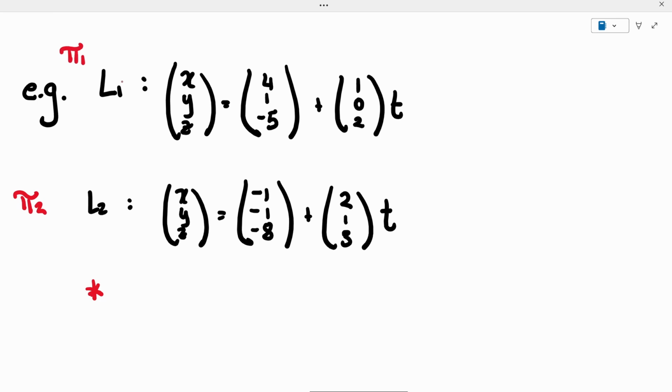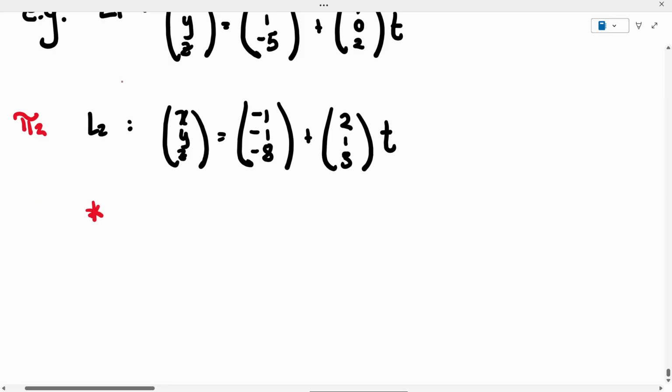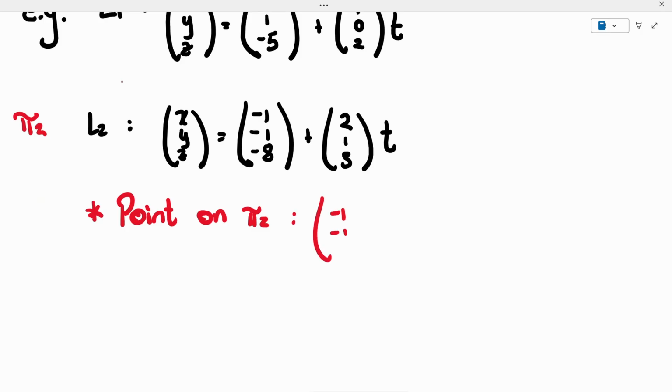For the point on pi 2, all we need is a point that is on L2, because if the line is on the plane and the point is on the line, then the point is on the plane. So the point on pi 2 is (-1, -1, -8). That's nice and straightforward to find.